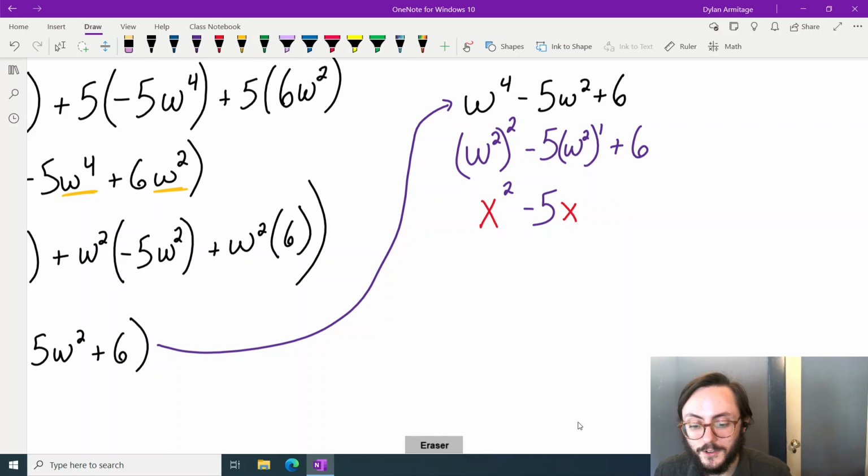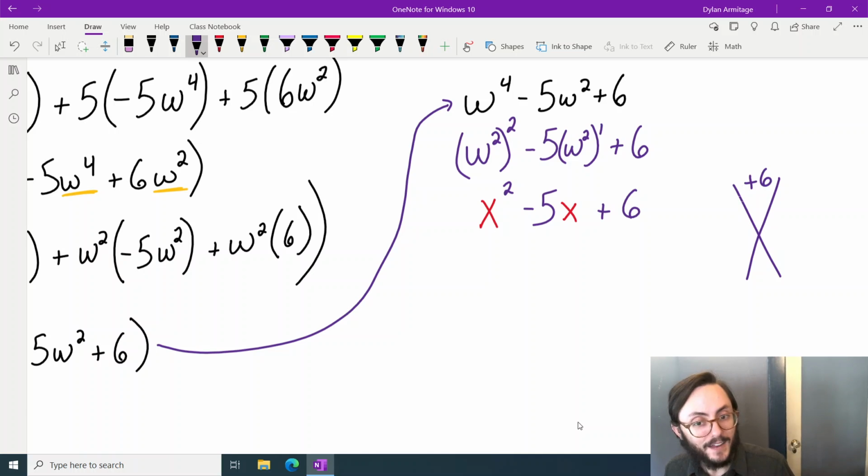We know how to do this, right? What two numbers multiplied together give us a positive 6 and added together will give us a negative 5? 2 and 3. One will be positive, one will be negative. Or no, they'll both be negative, won't they?